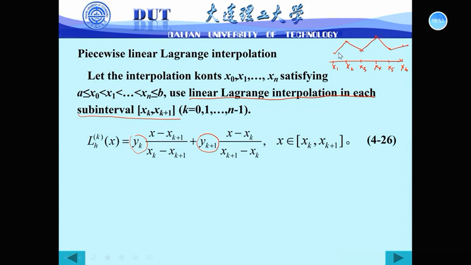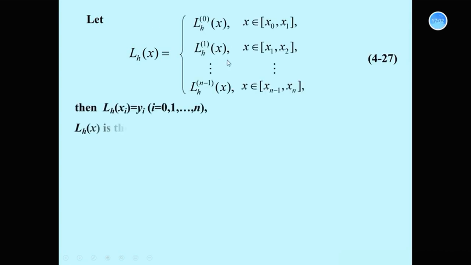Now you see we obtain a polygon line. It's okay? You don't need to remember this formula. You just need to understand the idea. So that means we just use piecewise linear interpolation.